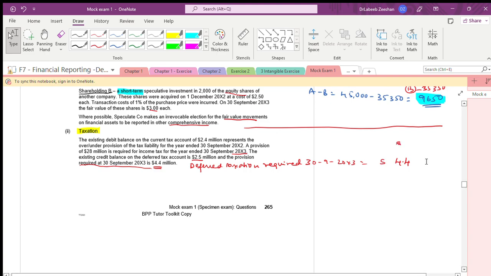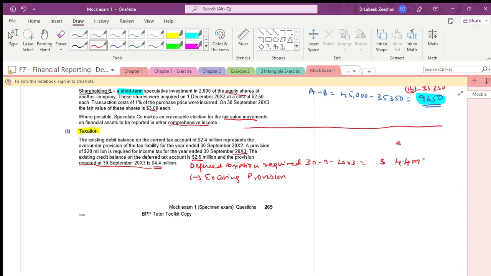From this, they already have the existing provision of 2.5 million. So it comes to 1.9 million. Okay, 1.9.